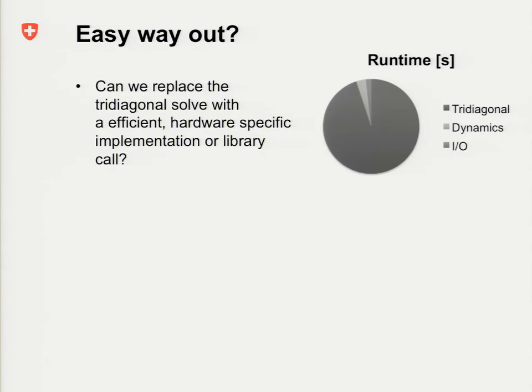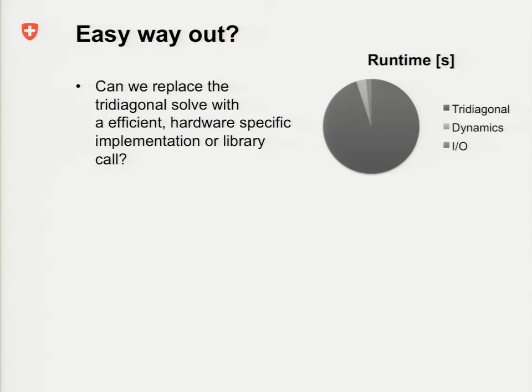What people typically do when they have a situation like this is they look for libraries. So they go and try to see if there is some library which does what I want to do in an efficient way. So can we, for example, replace the tridiagonal solve with an efficient hardware-specific implementation or a library call?